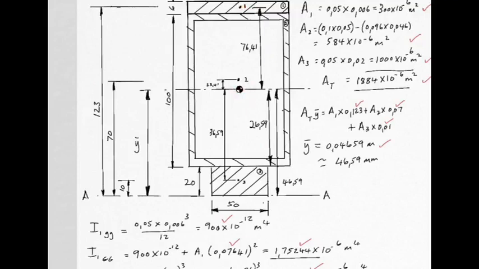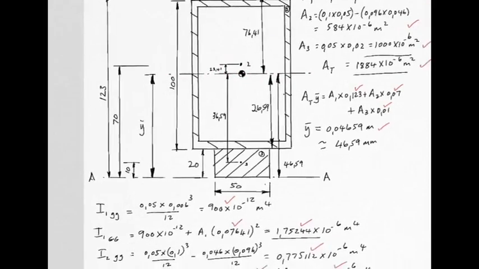On your neatly labeled large sketch, I need you to go in and find that 76.41 millimeters and make sure you agree. So here we go with the parallel axis theorem. Original answer, 900 times 10 to the minus 12, plus area times distance squared between the original axis and the desired axis. And there is your answer for I1, the second moment of area about an axis passing through the centroid of the whole shape. On to number 2.